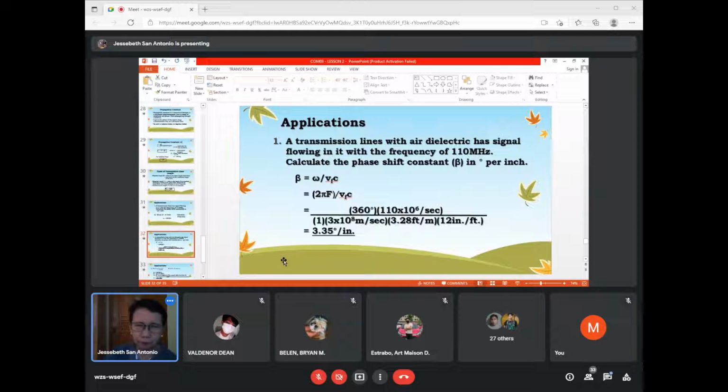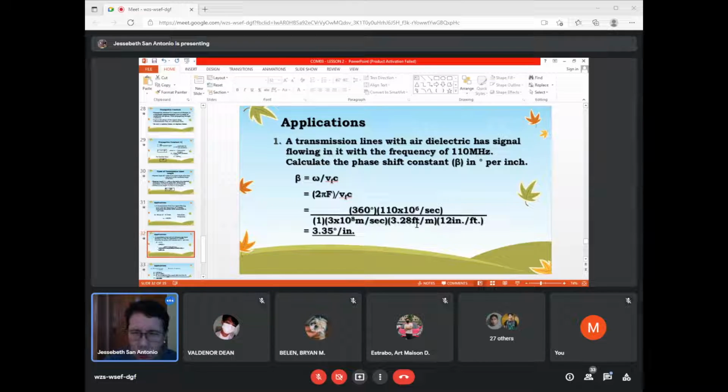Ito yan, omega divided by VF C. Omega is 2 pi f, or 2 pi is 360 degrees. And the frequency is 110 times 10 to the 6 per second, and then divided by VF. Yung C is 3 times 10 to the 8 meter per second.